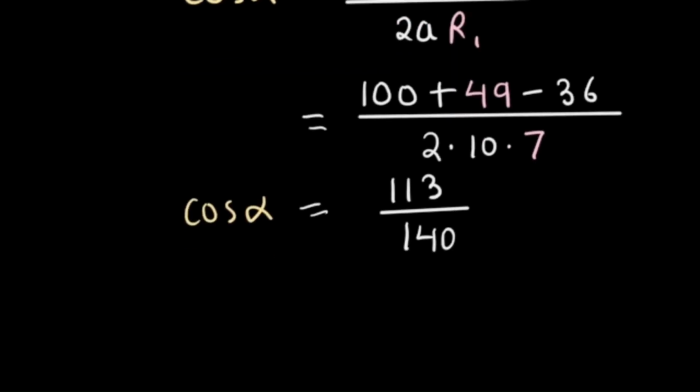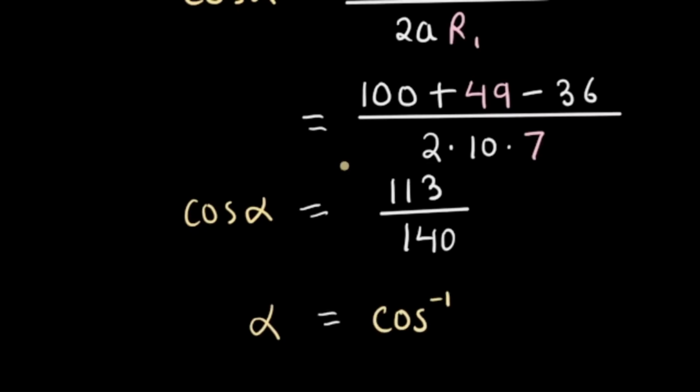What do we do next? You're right. We're going to take the cosine inverse of both sides. And when we do so, the left-hand side will be equal to alpha, and on the right-hand side we get cosine inverse of 113 divided by 140. What do we get?